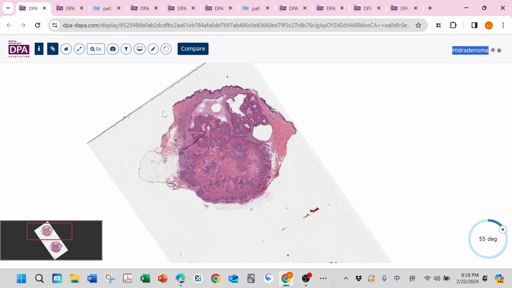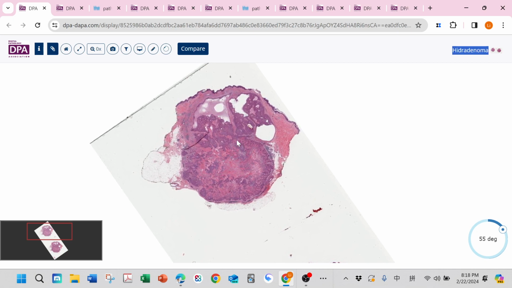So let's see the more classic one for the hidradenoma. Usually they do not have any connection to the epidermis. Low power, a well demarcated, symmetric, dermal based lesion. And in low power, we can see one component is nodular, the other component is cystic.